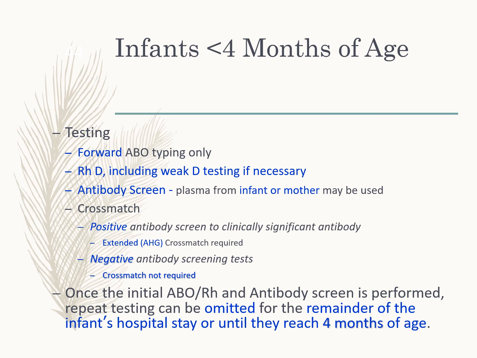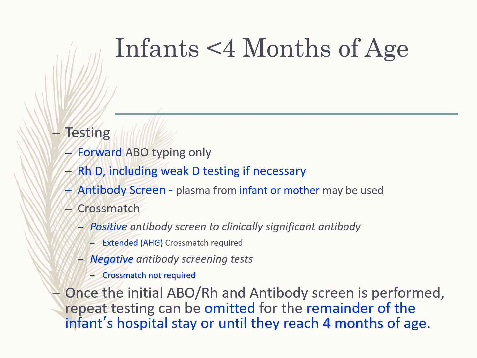You can do an antibody screen from plasma of the infant or the mother because they're basically the same thing. If you have to do a crossmatch, a positive antibody screen indicates that there is an antibody present, which is the mother's antibody.